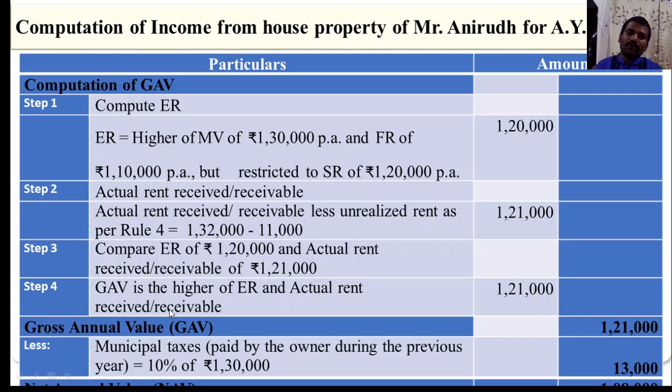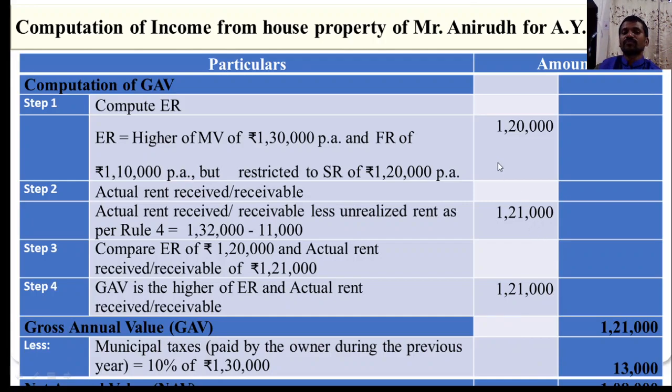In case of vacancy only, we have to consider the least of the amount, actual rent. Except that, expected rent or actual rent, whichever is more, ಯಾವುದು ಜಾಸ್ತಿ ಇರುತ್ತೋ ಅದನ್ನೇ ನಾವು ಗ್ರಾಸ್ ಆನ್ಯುವಲ್ ವ್ಯಾಲ್ಯೂ ಆಗಿ ತಗೊಳ್ತೀವಿ.